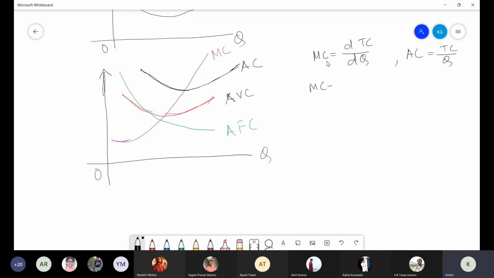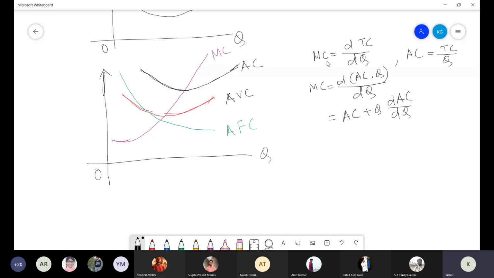So MC equals d(AC into Q) by dQ. If you simplify it, it will be AC plus Q into dAC by dQ.